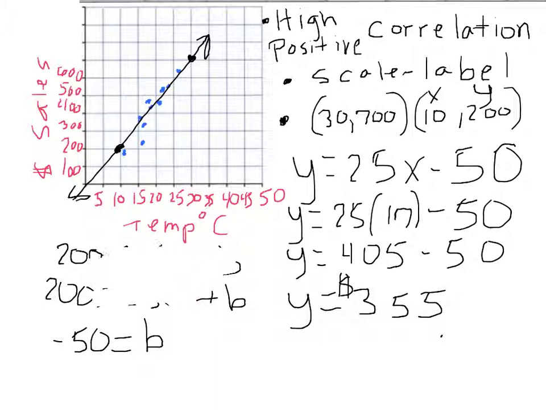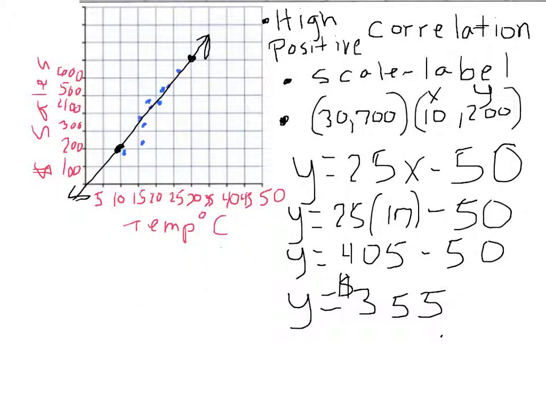And then if we try to predict outside of the data points at 30 degrees Celsius, the graph showing at 30 degrees Celsius should be right at 700 because that's one of the data points we selected. And so let's go ahead and use the prediction equation to see what we come up with.